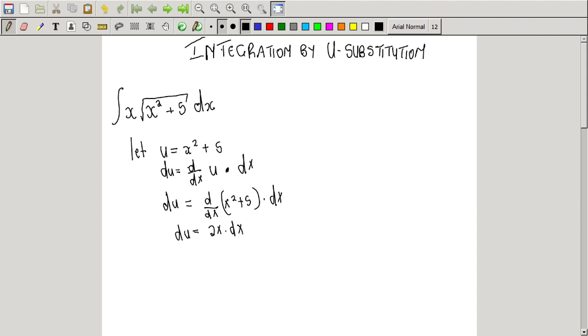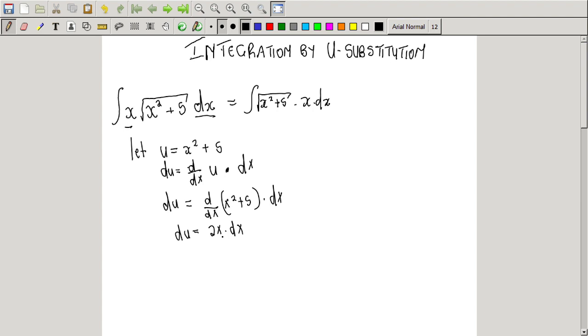So in the place of du, we're going to write this. But then we go back to our integrand. We see that in our integrand we have dx. We also have x. But where is the 2? We see that we don't have the 2. But it means that our integrand is the same as x squared plus 5 multiplied by x times dx.